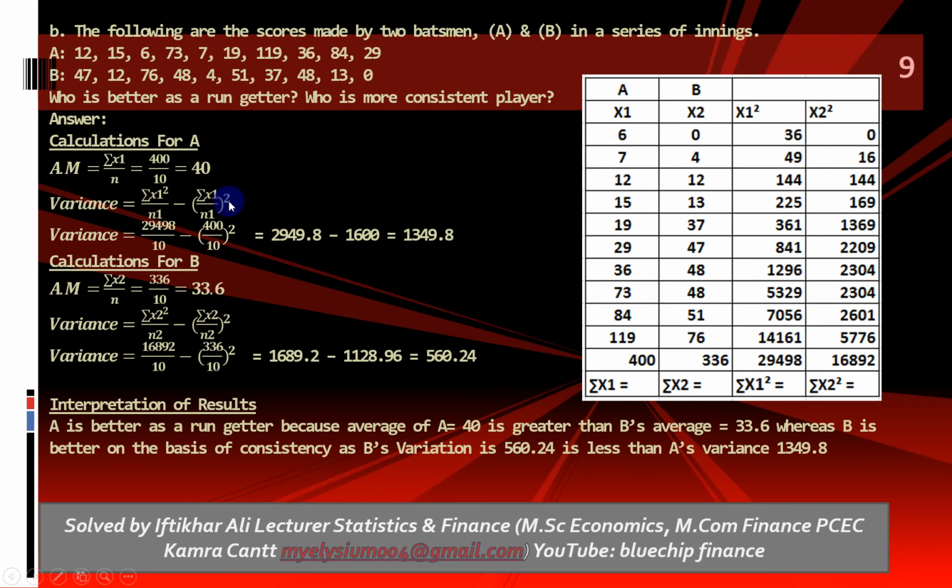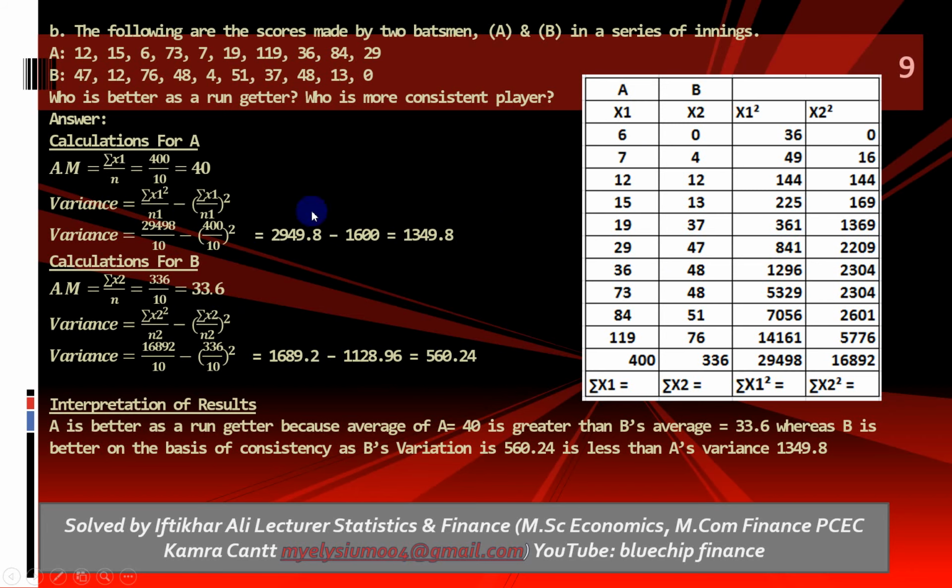The variance of the first batsman is, as the data is given here, you can very easily calculate this, 1349.8, and the variance of the second batsman is 560.24. So on the basis of variance, we can say that batsman B is better than batsman A.